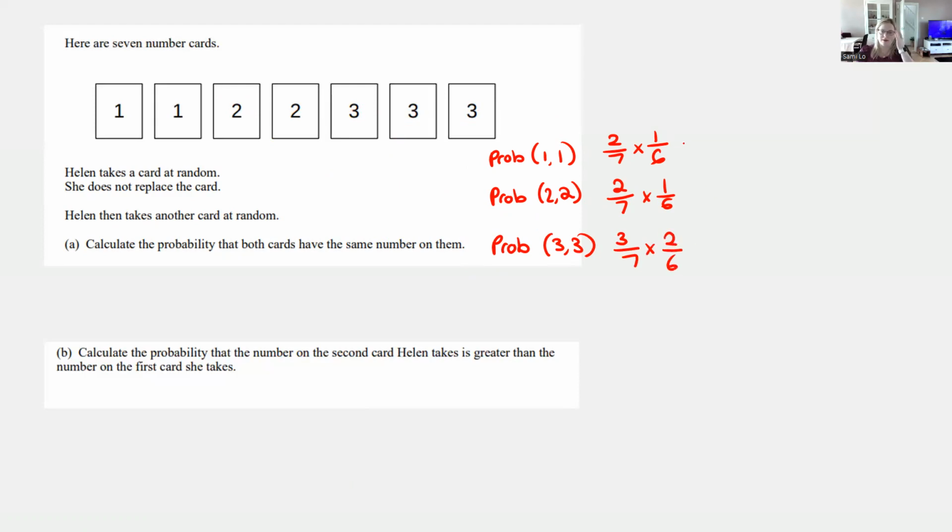So we can work those out now separately. So 2 over 42, 2 over 42, and 6 over 42. So that gives us a final probability of 10 over 42 chance that they're going to have the same number on them twice.